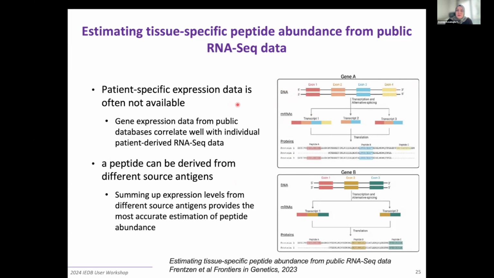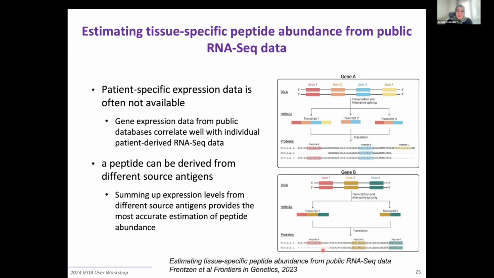As you know, depending on how the exons are spliced together, we can get different transcripts, and then these different transcripts can get translated into different proteins. And then if we have a certain peptide, for example, this red peptide that occurs in 2 of these proteins, it also occurs in a different gene in 1 of its proteins.